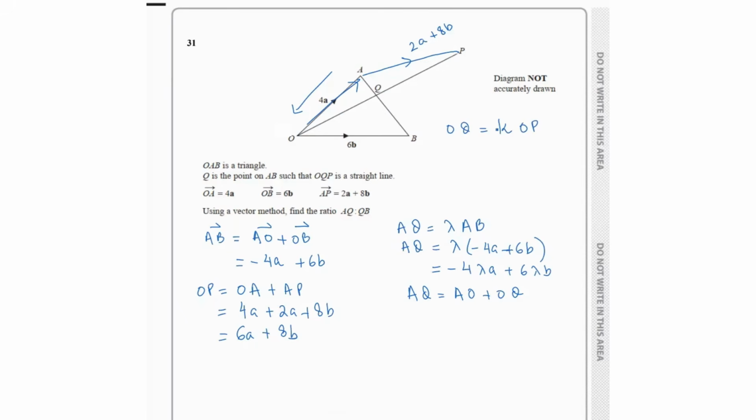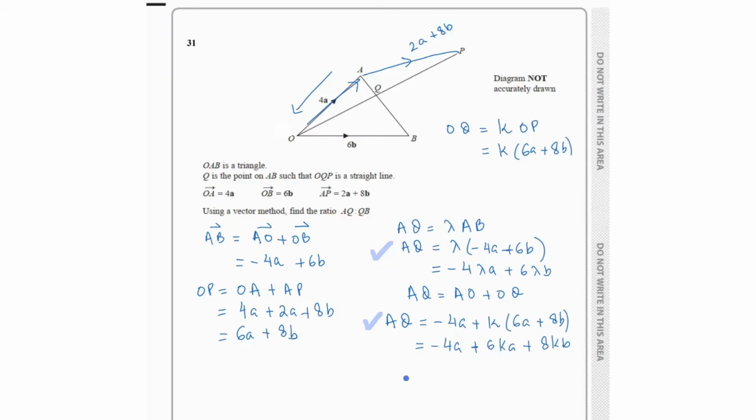So now we can say it's K times OP. So over here, making another equation of AQ in terms of AO and OQ, AO is going to be negative 4A. OQ is going to be K times OP. OP is 6A plus 8B. So 6A plus 8B over here. Expand the bracket. Plus 6KA plus 8KB.